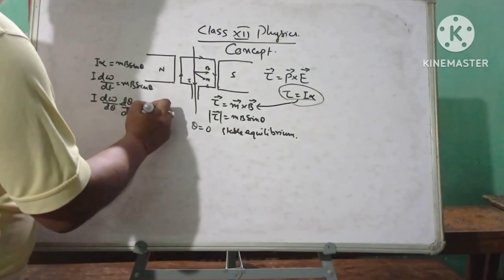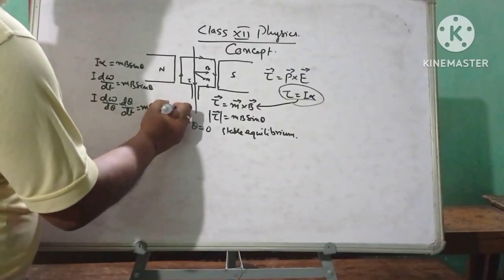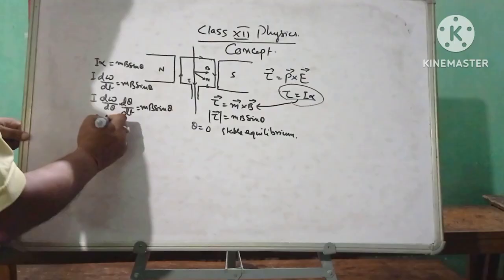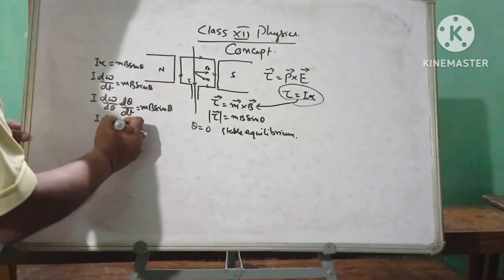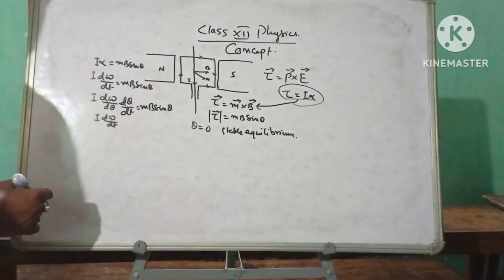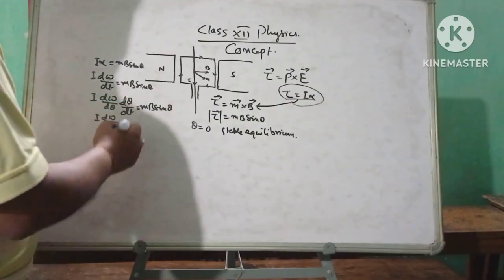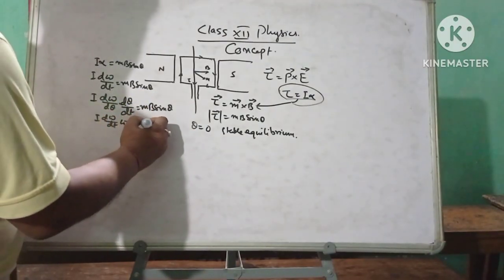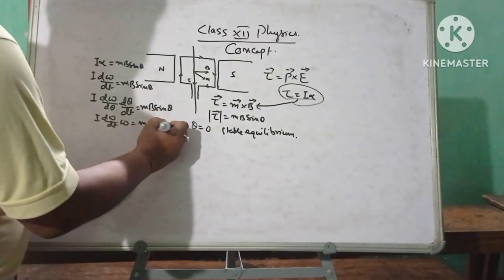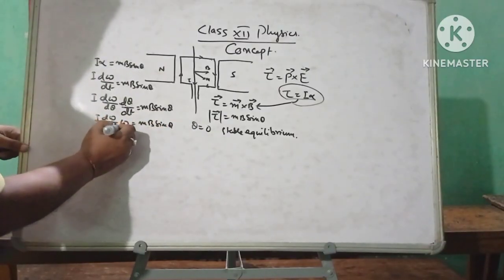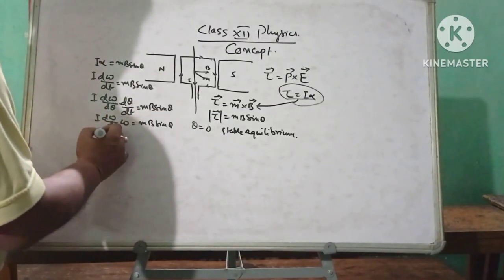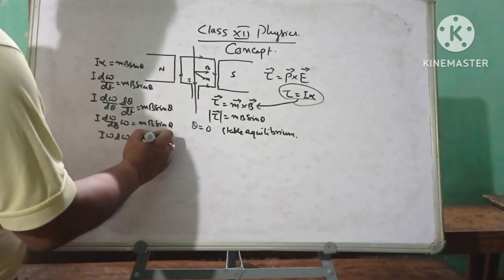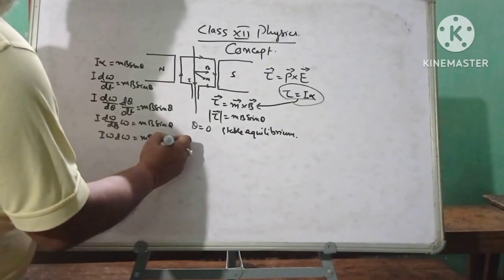Here I d omega by dt, this is your angular speed or angular velocity, which is omega, and that is equal to mB sine theta. So here I omega d omega equals mB sine theta d theta.